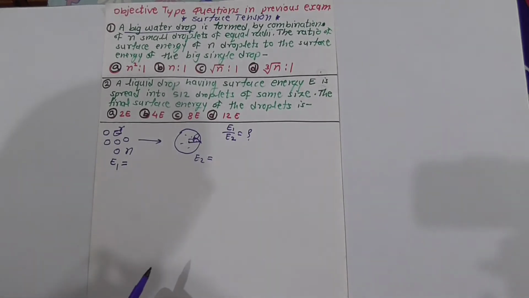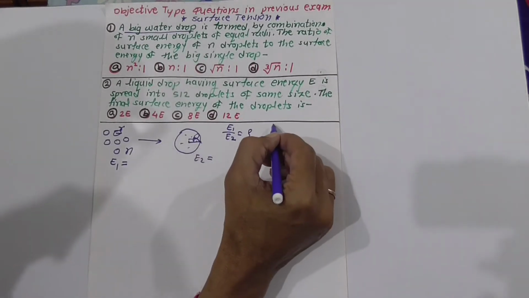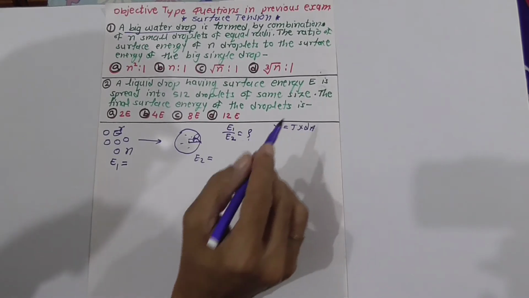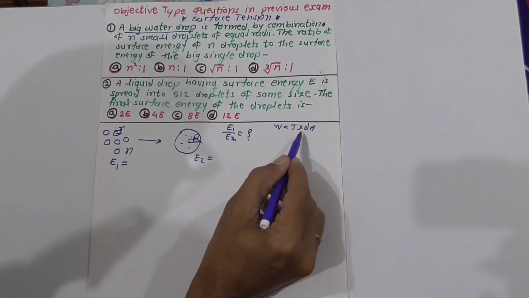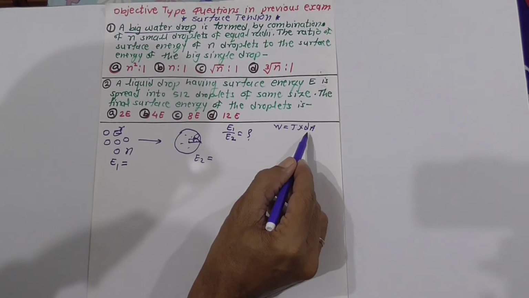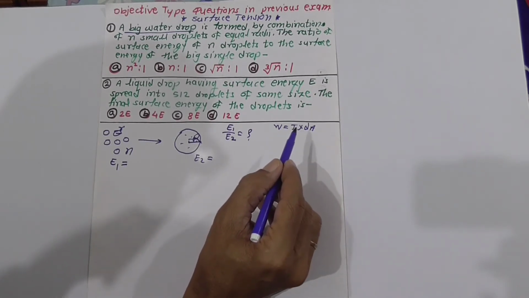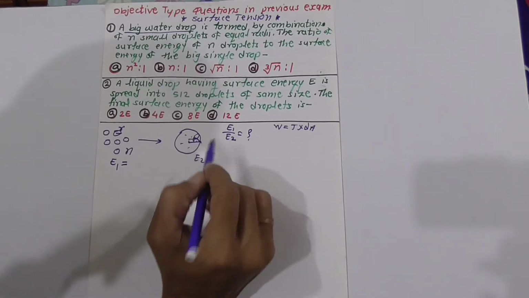According to the expression, the work done during formation of a drop is W equal to T into dA. You must know that dA is the change in area if you are finding the work done, or simply the area of the respective drop.